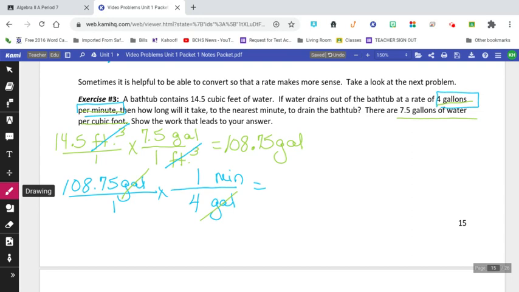And now here you have a couple choices. You can multiply first across. So we would get 108.75 minutes over 4, and then simply divide. Or you could have multiplied 108.75 by 1/4.